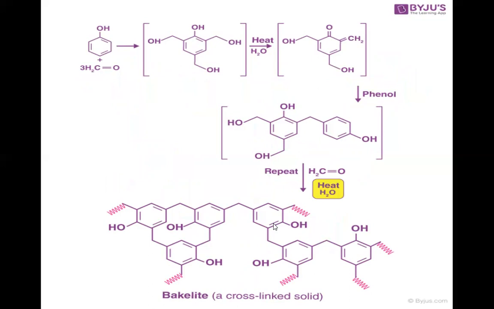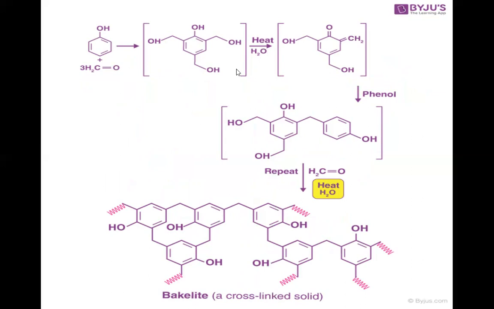Coming to the preparation, it is prepared by stepwise polymerization, also known as condensation polymerization, which is a slow step process. That means the reaction does not take place spontaneously at one time.